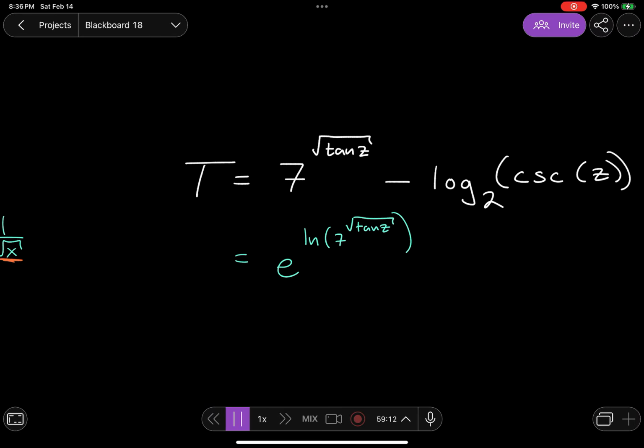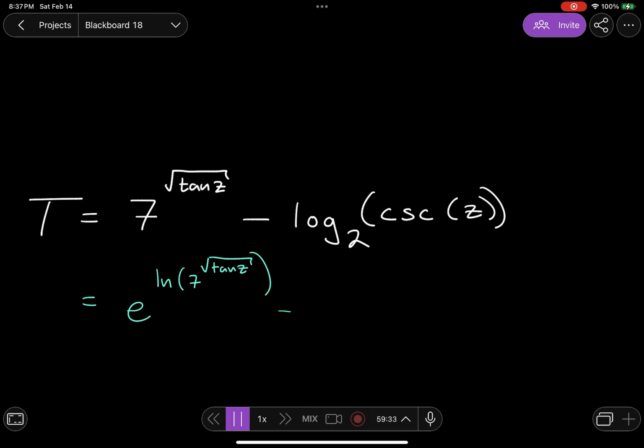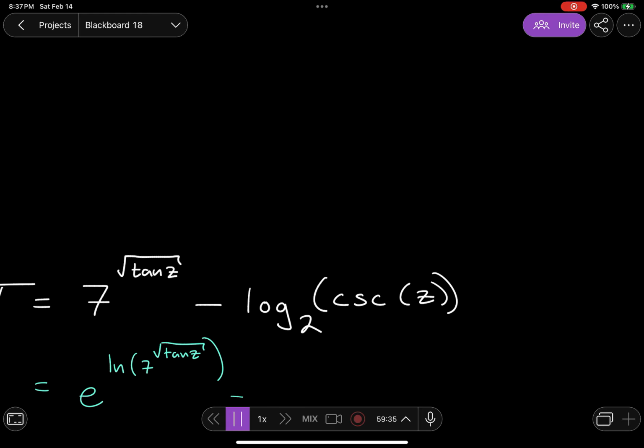In particular, this one, so what I have is the natural log of, is this one going to be useful? Oh, no. Here's what I want to do for this one. Okay, so that's not what I want to do. But what I do want to do is this: there is this thing called the change of base formula.